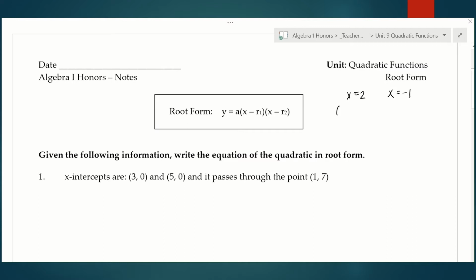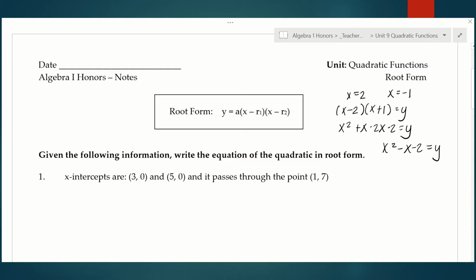We'd say x equals 2 came from x minus 2, and x equals -1 came from x plus 1. Then we would FOIL, or distribute, and get this quadratic equation. That is one possible quadratic equation that has those two roots.